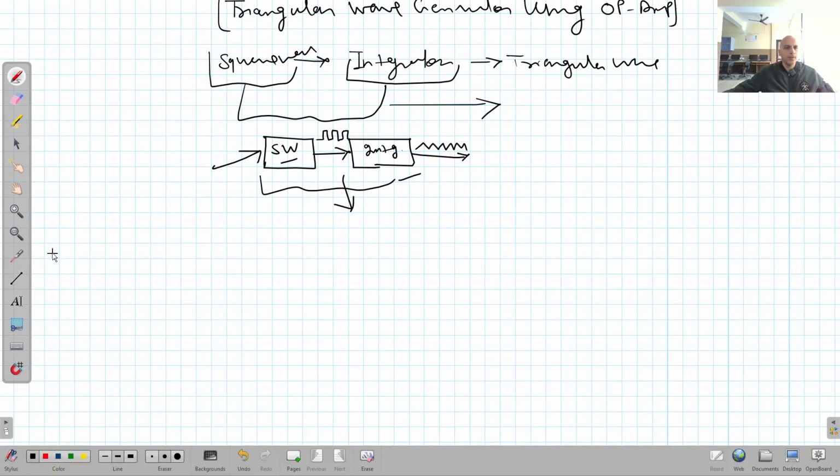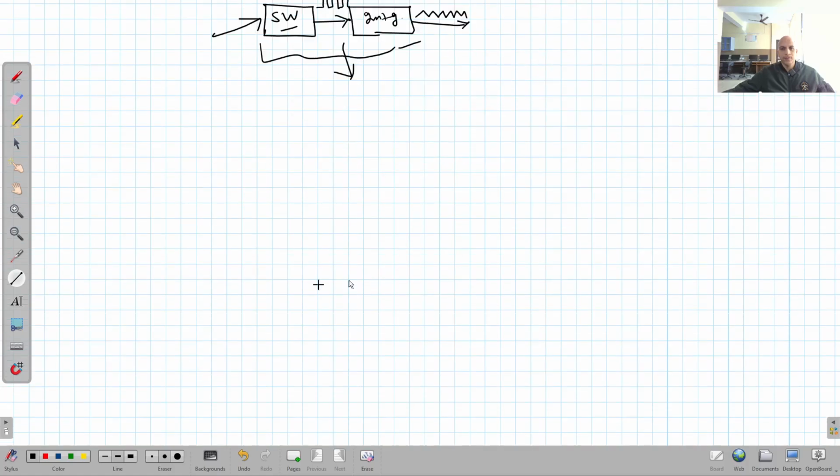So for it, we will start again with the operational amplifier. We will have an op-amp here. This op-amp is going to act as a comparator. This is the output of this comparator.